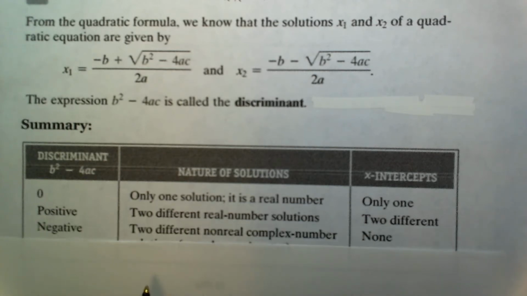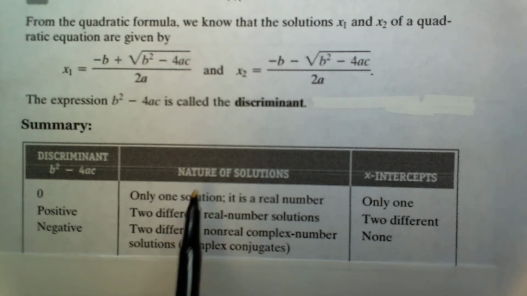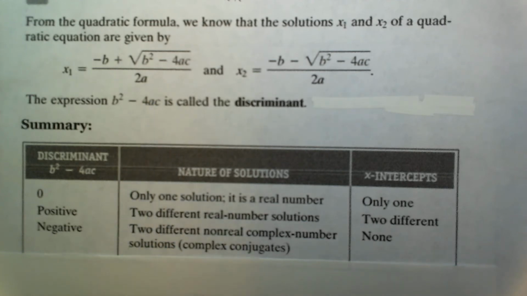And when the discriminant is negative, then we have two different non-real complex number solutions, which are, of course, complex conjugates. We had seen this before, so now we're just summarizing everything from the standpoint of the discriminant, b squared minus 4ac.